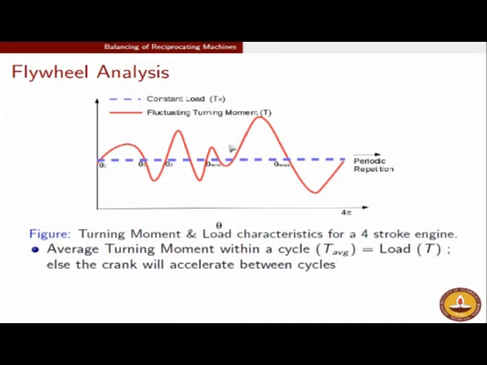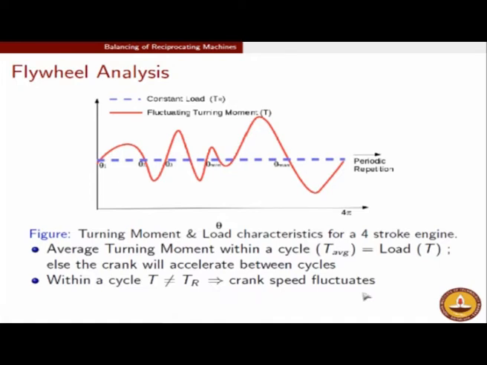Now if you ask me whether it can change within the cycle: yes, it should change, but it is made minimal by the action of the flywheel. Within a cycle the load torque and the turning moment are not balancing, which means that within a cycle the crank speed actually fluctuates. It is not true that the crank speed is held constant within a cycle.